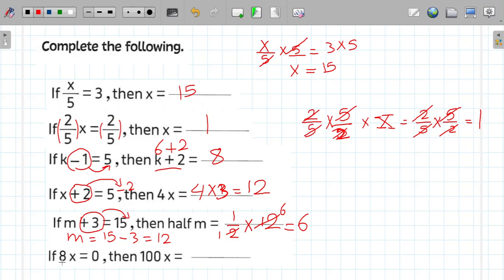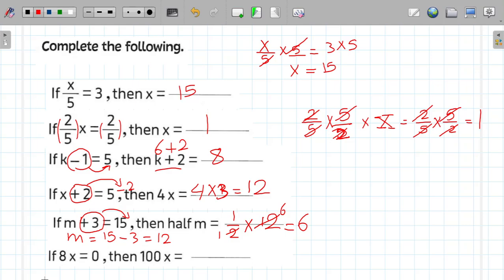Here, 8 times x equals 0. Then 100 times x equals what? In the previous page, I told you that if any number is multiplied by 0, the result will always be 0. Here, I multiplied 8 by a number and the result is 0.